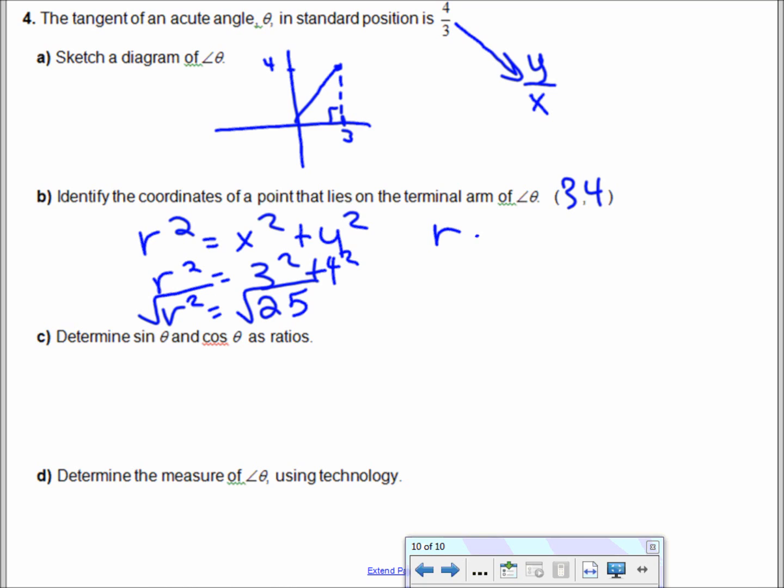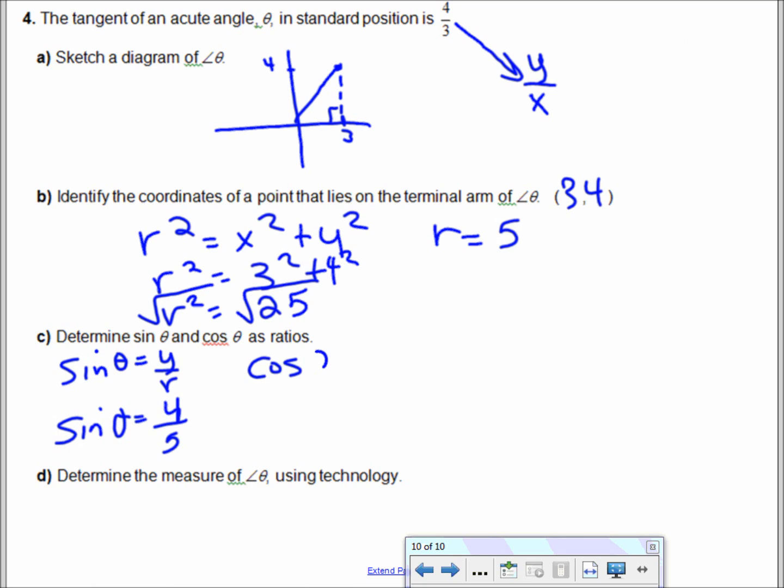So r equals 5. Based on that information, I now have x, y, and r. I can just sub in for sine and cosine. So sine of theta is equal to y over r, so sine of theta is equal to 4 over 5.